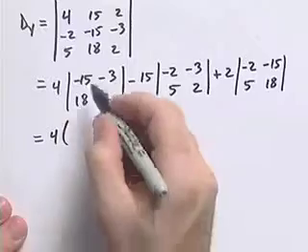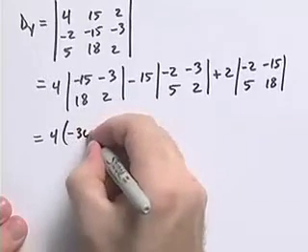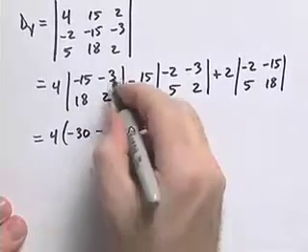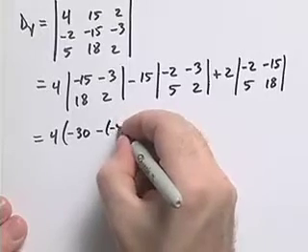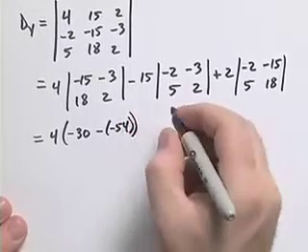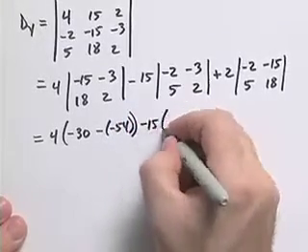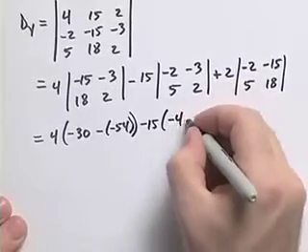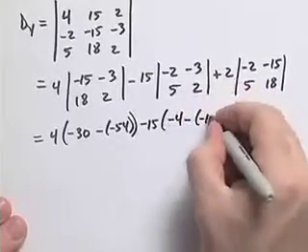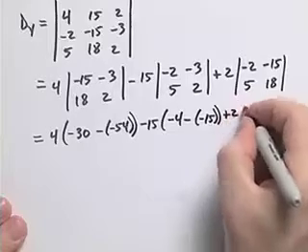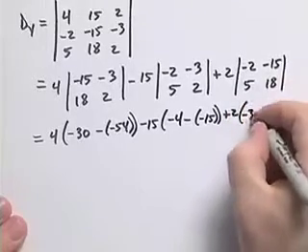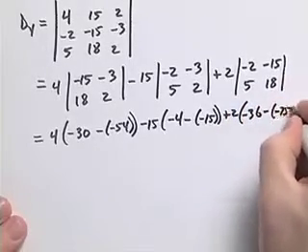We'll get 4 times, negative 15 times 2 is negative 30, minus negative 3 times 18 is negative 54, minus 15 times, negative 2 times 2 is negative 4, minus negative 15, plus 2 times negative 36 minus negative 75.